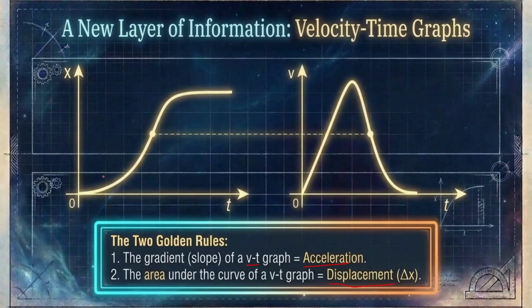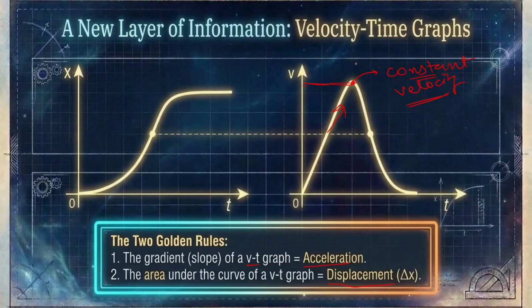Here I show two graphs. This one is about an increase in velocity. This is a point where the velocity is constant, meaning it goes at constant velocity.